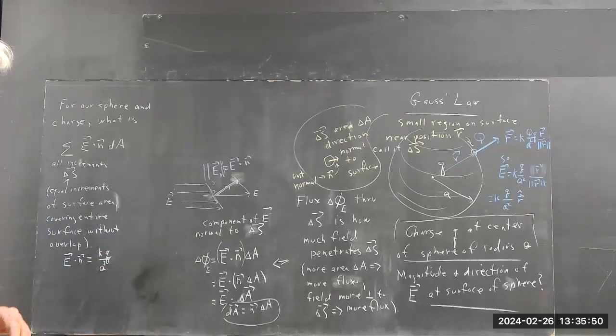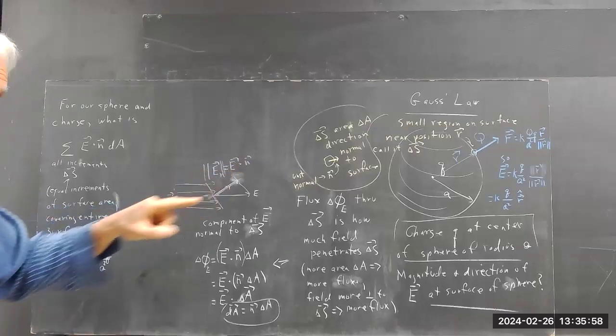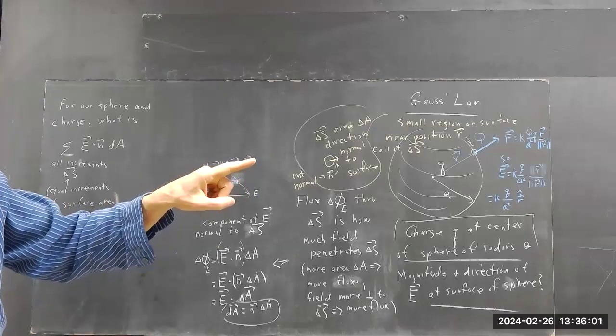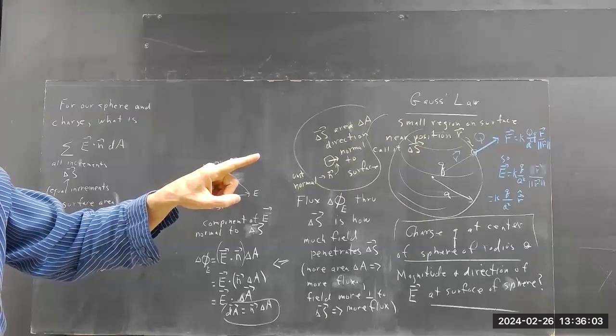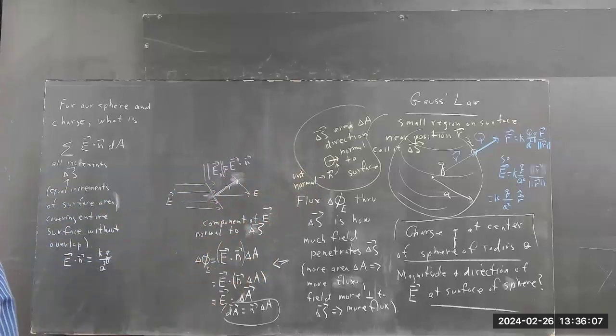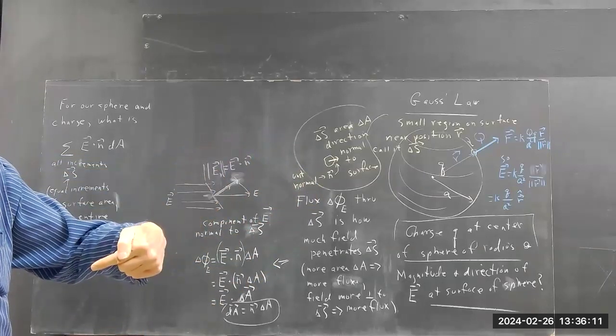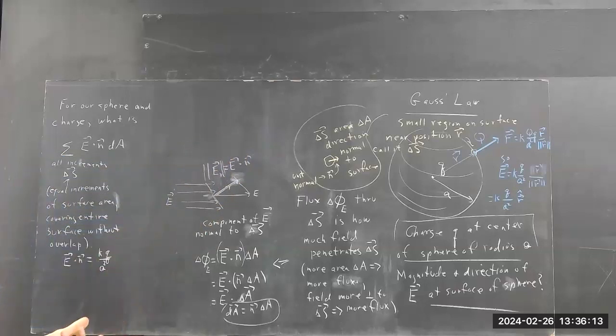I'm going to break it into two cases, but it is just plain old KQ over A squared. Because if Q is positive, then both N and E are radially outward, and the dot product is just equal to the product of the two because they're parallel. If Q is negative, then E is inward, and you're going to get a negative result.